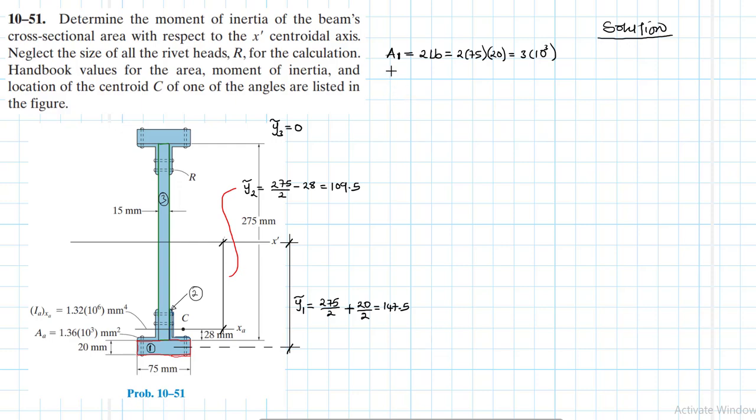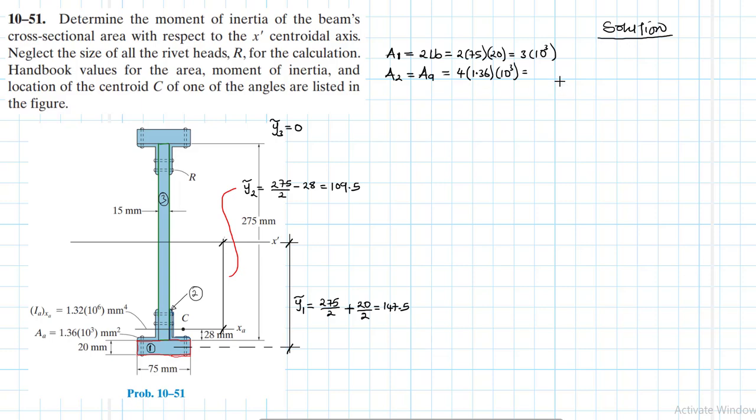Okay. Area 2, this is the angle bar. They've already given us area A. How many are there? There are 4, so it is 4 times 1.36 times 10 to the power 3.